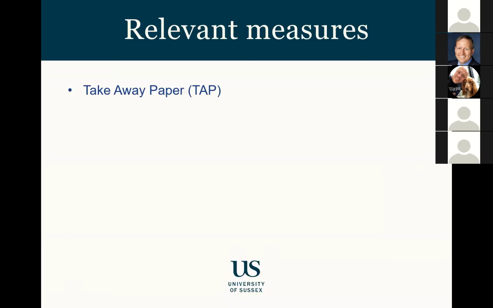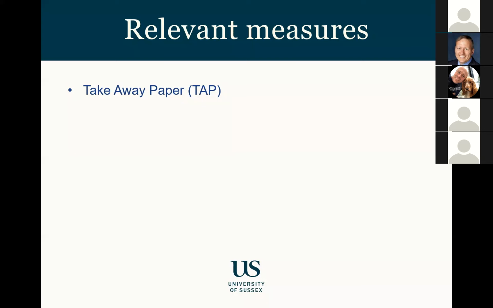But just as an overview, we will be looking at a TAP, which is the takeaway paper that we have in the first and second year cohort, which is a worksheet to test coding as well as statistical analysis and interpretation skills. This takeaway paper is always due 7 weeks after the questionnaire data that we've used for this analysis is collected, and students have 48 hours to complete it.